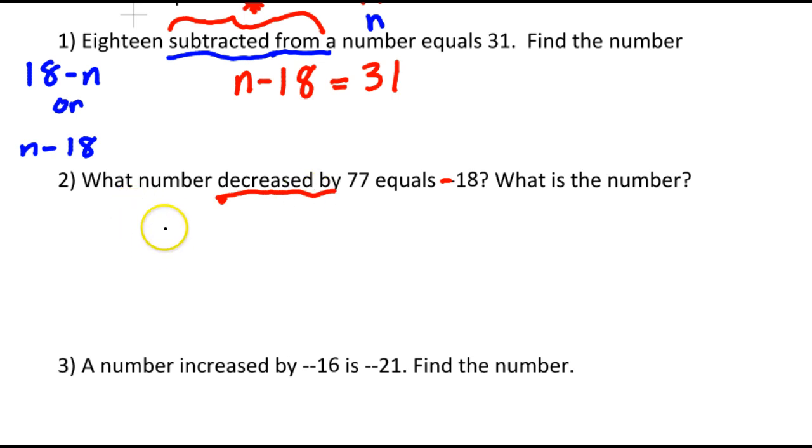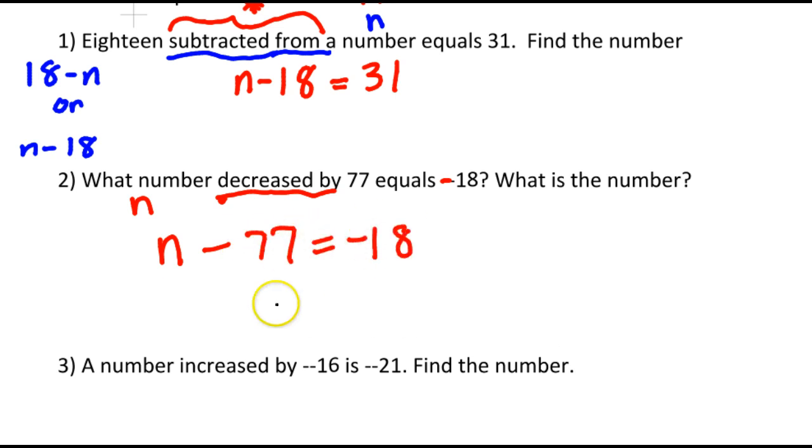Subtracted. So let's use again the number. Let's use n. What would you say a number decreased by 77 equals negative 18? So what do I write for an equation? Decreased by? Minus. Right? 77.